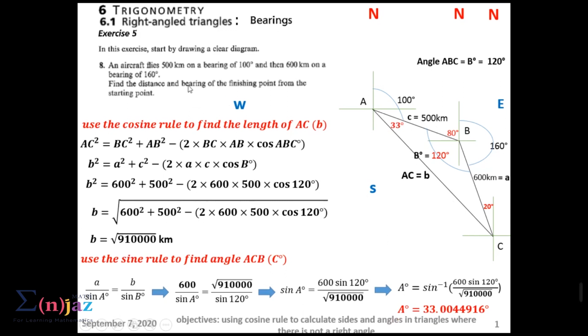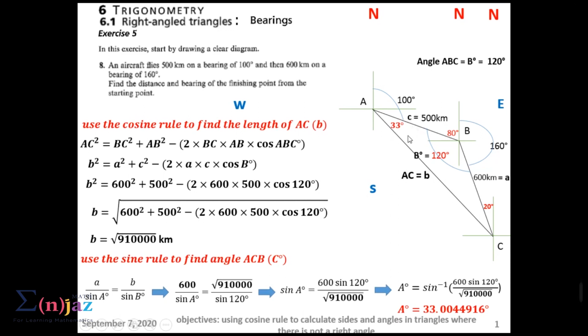Now that I'm finding the bearing of the finishing point from the starting point, this is my starting point, like I said, and the bearing is measured from the north, and you go clockwise. Shall I stop at line AB? No, because they said the bearing of the finishing point.